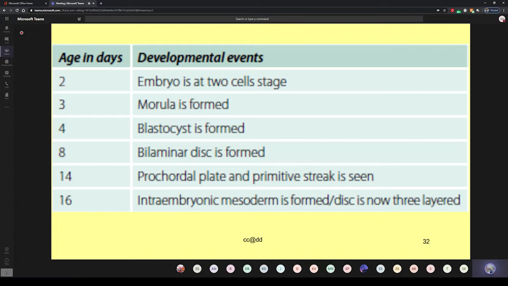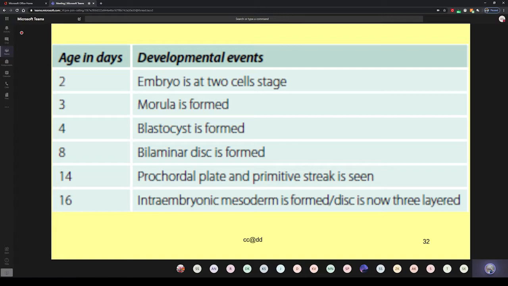Just to see whether you are able to keep track of time in embryology for the events. Okay. You see, 16th day. 16th day means after 14 days, which means after the second week is over, which means third week. So can you see the word intra-embryonic mesoderm, right?